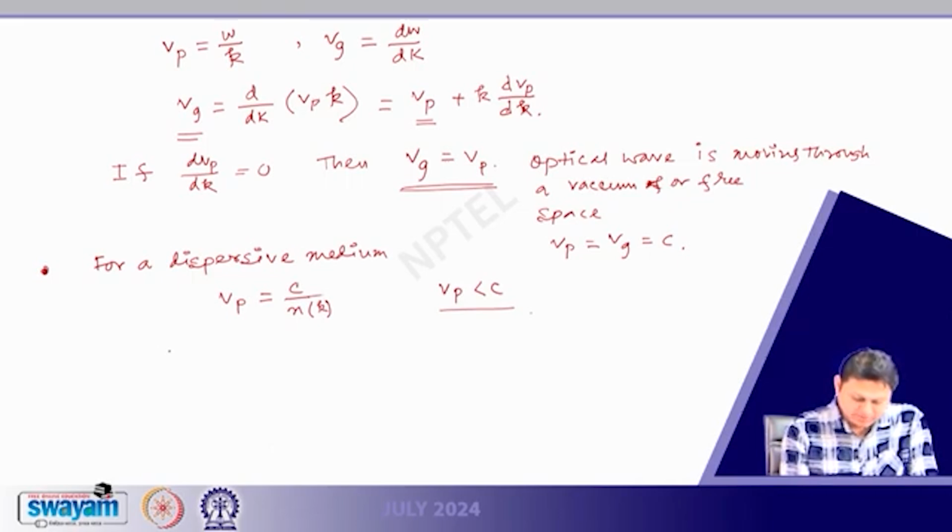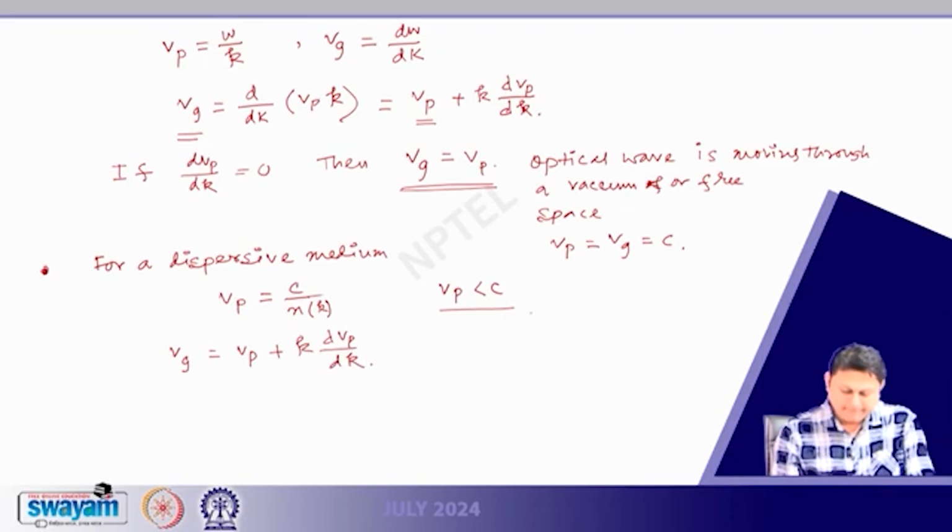So the refractive index, as I mentioned, is a function of wavelength or k. Then Vg, from the expression we had, is Vp plus k into dVp divided by dk. I know the functional form of Vp, so I am going to put that in.